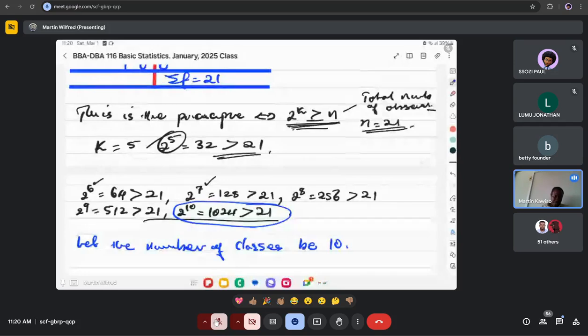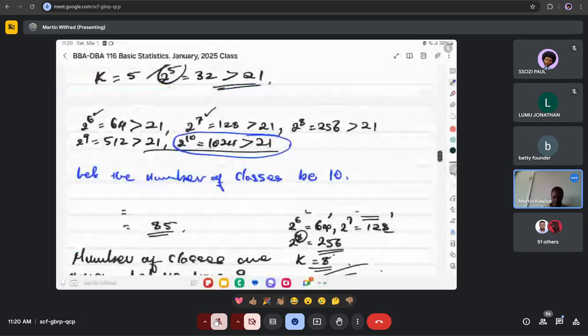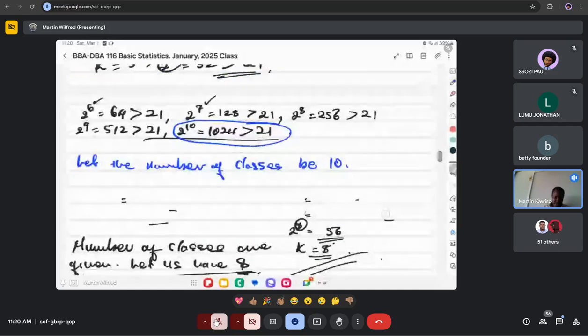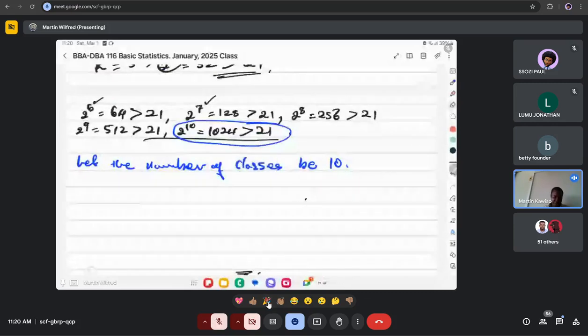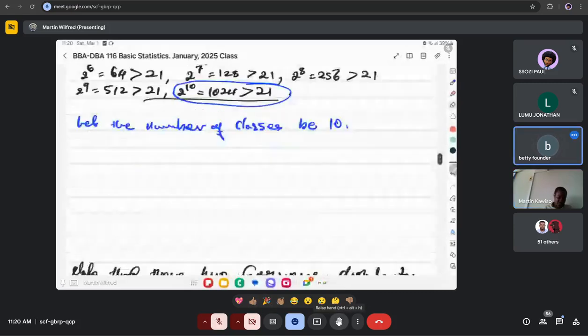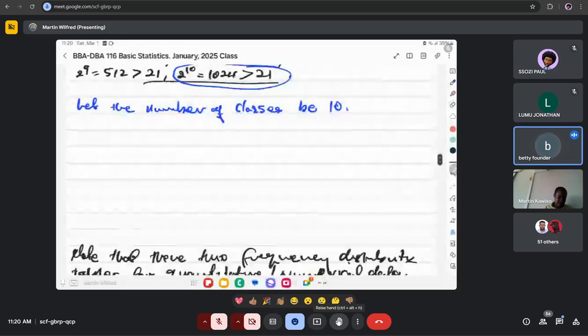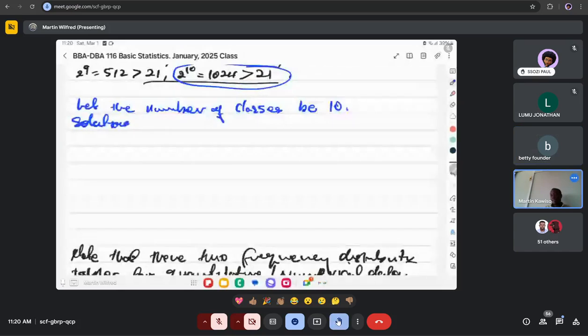Okay, so we have said that after we have all that information, then we can fit in. So which is our smallest value?